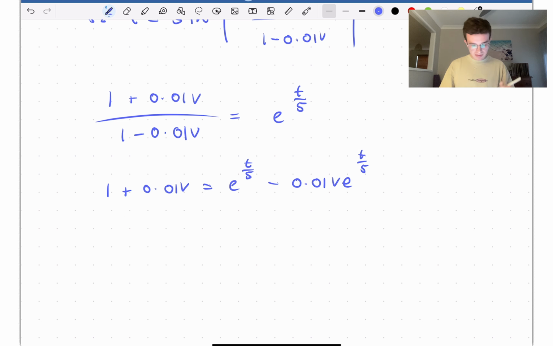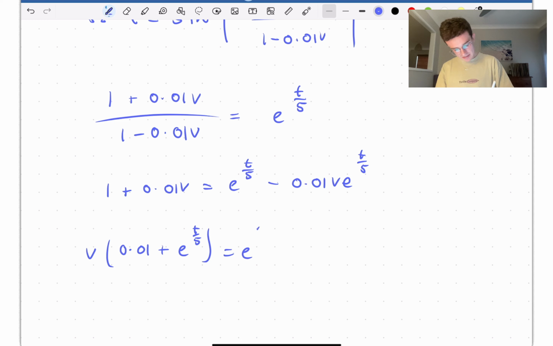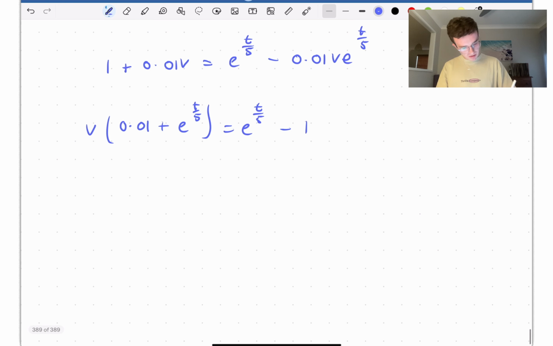So let's plus everything over. Let's take out a factor of v. So it's going to be 0.01 plus 0.01 e to the t on 5, if we plus it to the other side, is equal to e to the t on 5 minus 1. Okay, so that means my velocity equation is e to the t on 5 minus 1 over, oh, I've forgotten a 0.01, it's my fault.